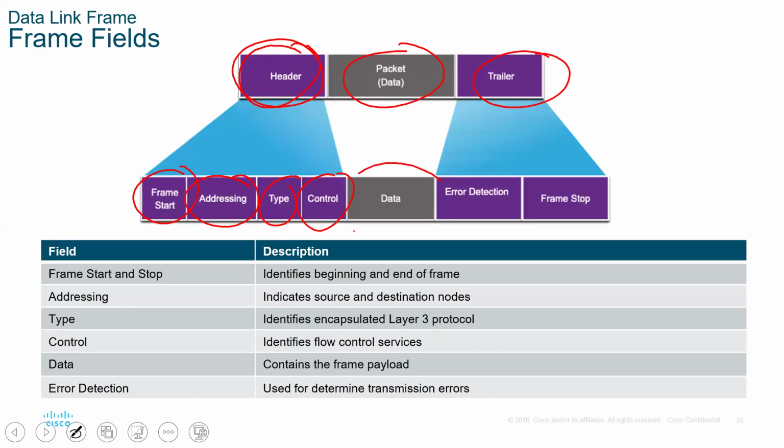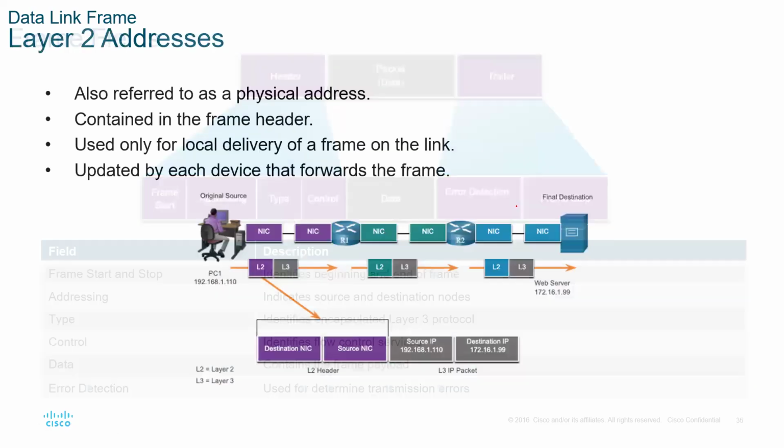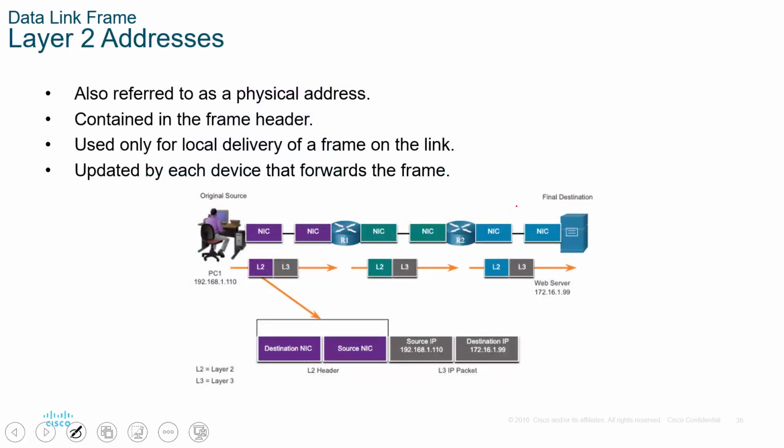The data itself contains the payload that has been sent from the upper layer, which is like the network layer. Then the trailer is meant for error detection and determines whether there is an error in the message or not.